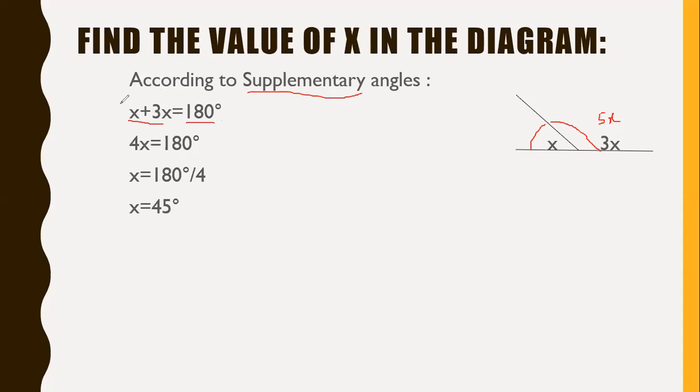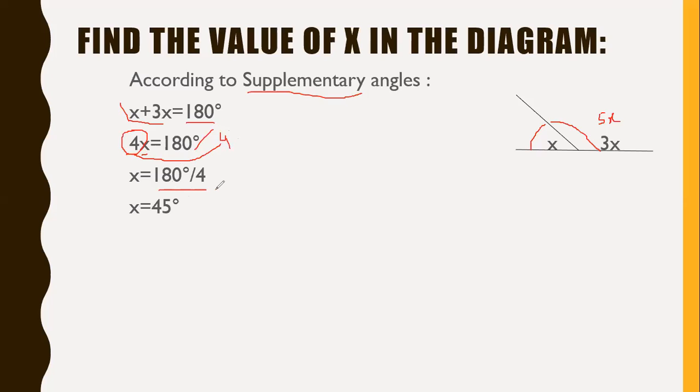Now, 1x plus 3x is equal to 1 plus 3, 4x. Okay, now I need only x. So I want to remove this 4 from here. 4 is multiplying over here, so in the next step it is going to be divided into 180.